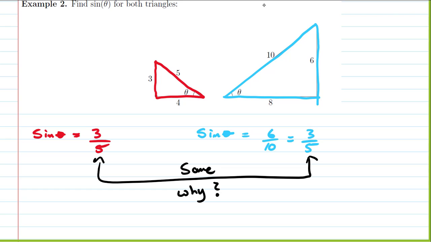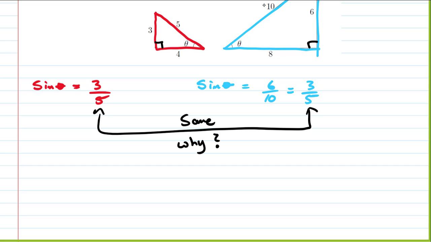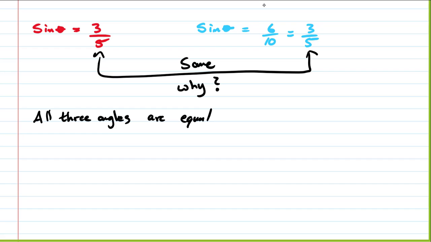Well, if this angle is theta in both triangles, and this is a right angle, then we have the following relationship. The two triangles, then all three angles must be equal. Or our fancy geometric word for that is congruent.